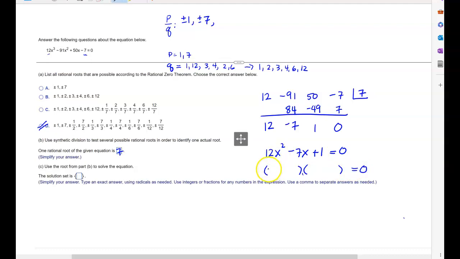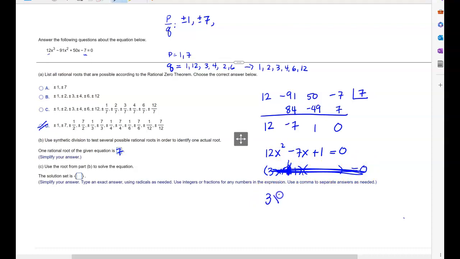So I'll factor this as 3x plus 1. Oh, they're both minus because the middle term is minus. Oops. So I have a minus here. There we go. We'll just cross that out.